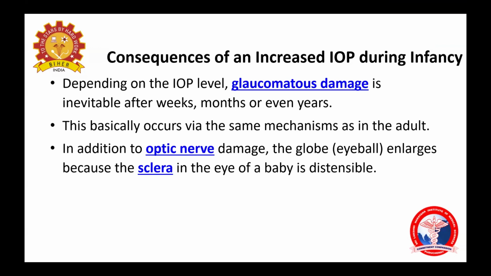This basically occurs via the same mechanisms as that in an adult. In addition to optic nerve damage, the globe itself is enlarged because the sclera in the eye of a baby is distensible. It's not as rigid as it is in adult eyes. In babies, in little children, it can be distended.